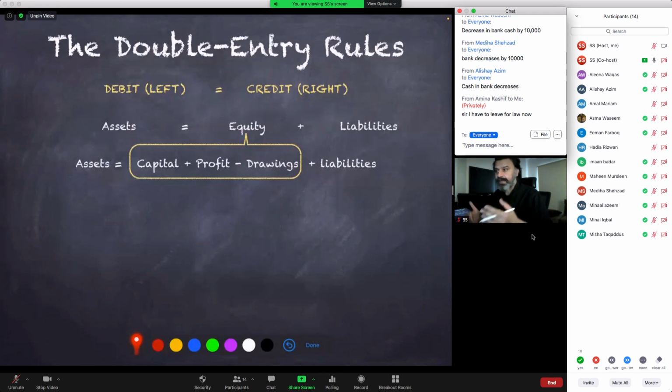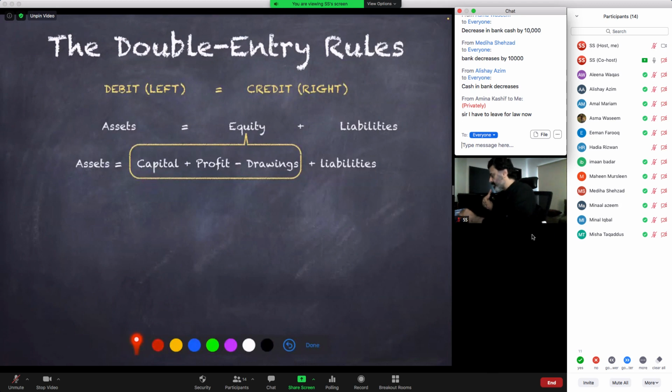Equity in general means what you owe to your owner, or the owner's stake in the business, or the business's obligation to the owner. And that obligation can have three possible sub-explanations. The capital represents what the business owes to its owner because of the initial investments, इनिशियल इन्वेस्टमेंट्स, जब बिजनेस स्टार्ट हुआ था तो इनिशियली जो ओनर ने कैपिटल इंट्रोड्यूस किया था.